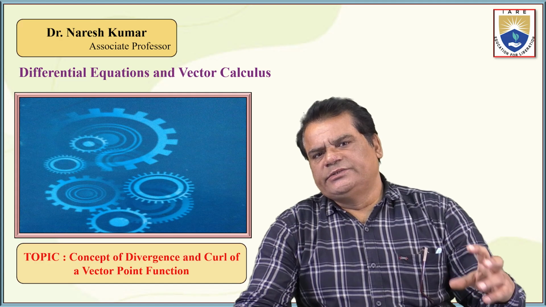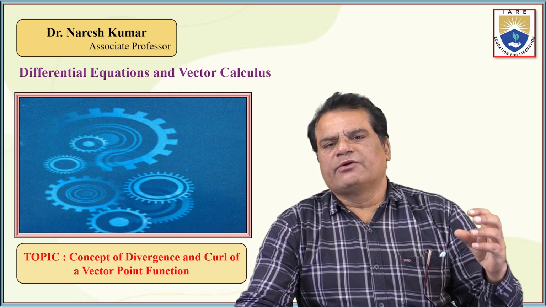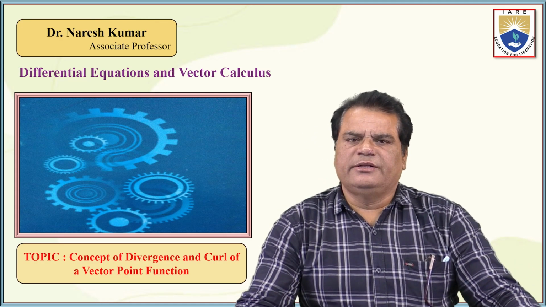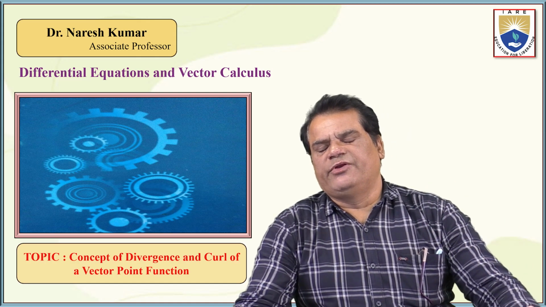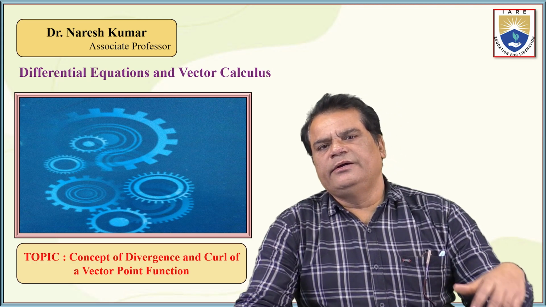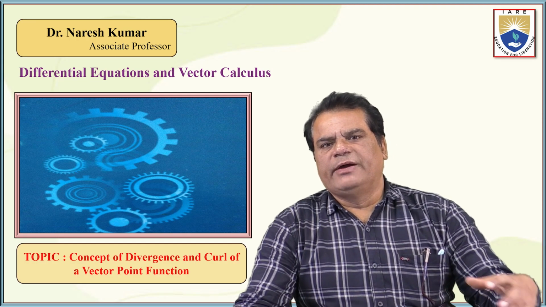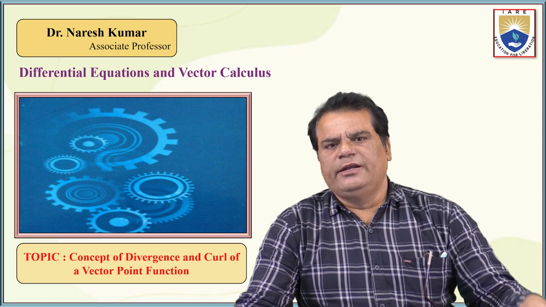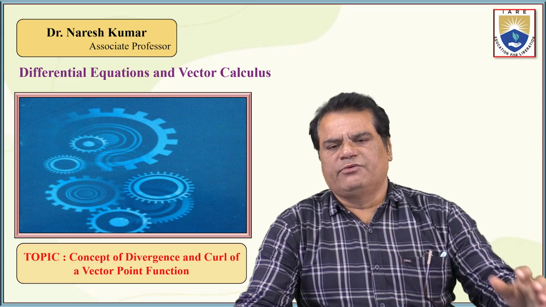In these 2 points, divergence of a vector point function is a scalar quantity, but curl of a vector point function is a vector quantity. This is the difference between them.